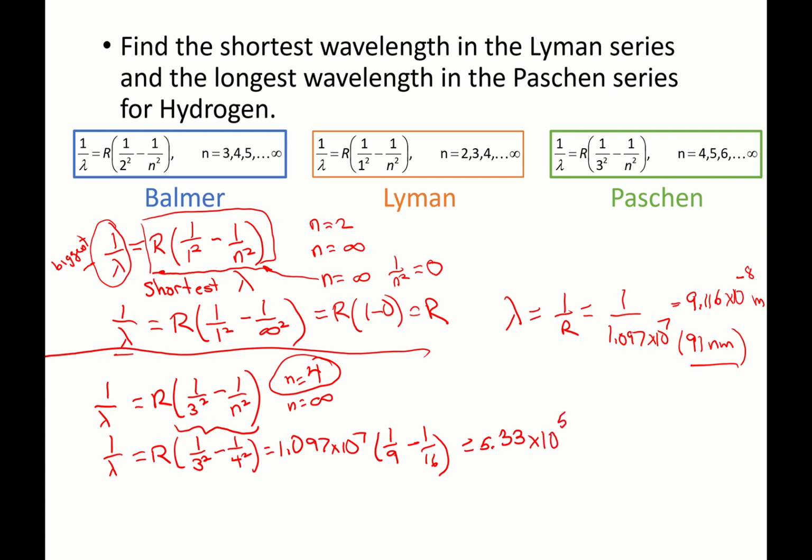And remember, that is 1 over the wavelength, so to get the wavelength, we do 1 over 5.33 times 10 to the 5, and we get 1.875 times 10 to the minus 6 meters, and putting that into nanometers, that's 1875 nanometers. Okay, so that's the longest wavelength in the Paschen series.